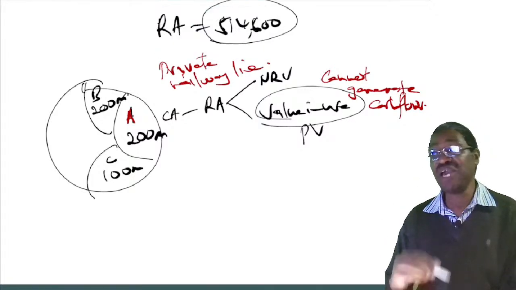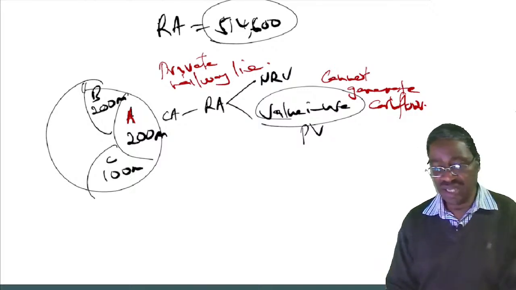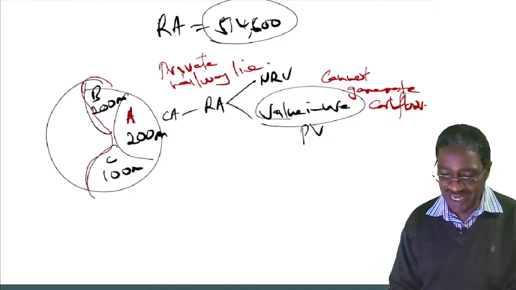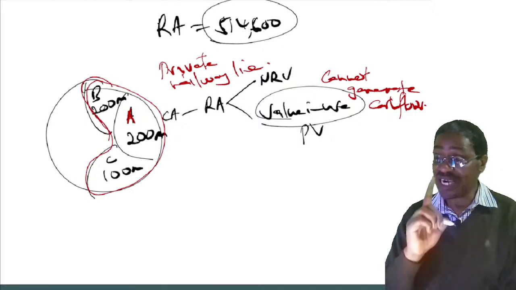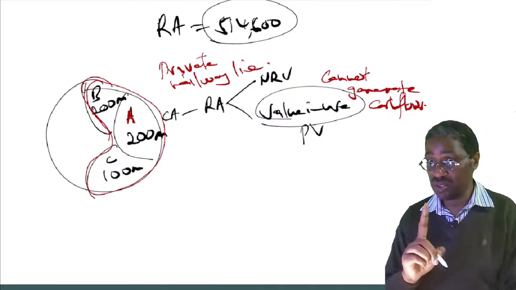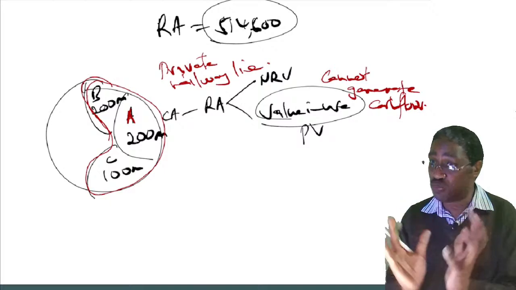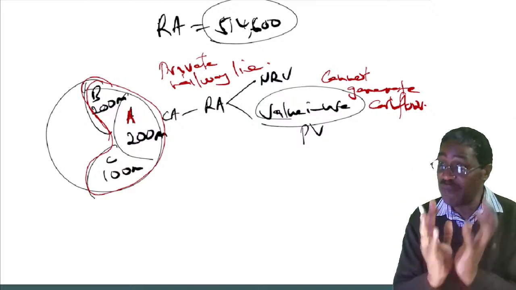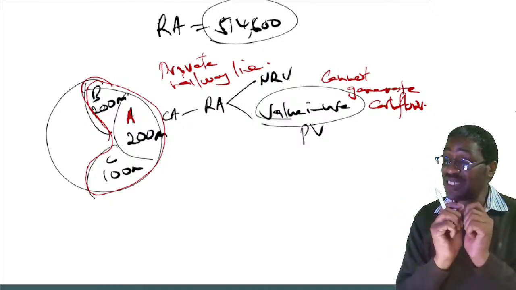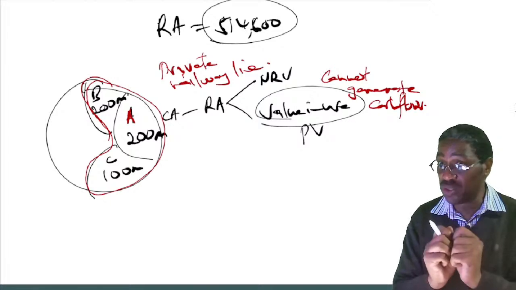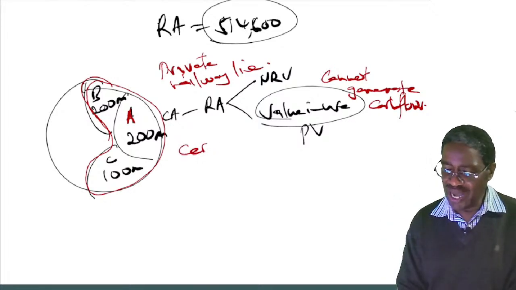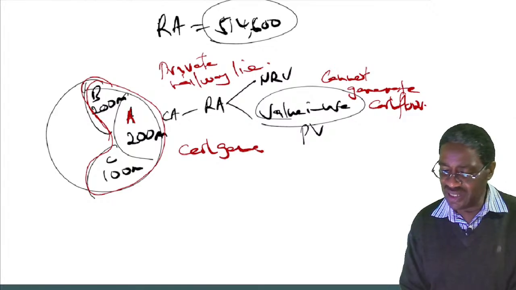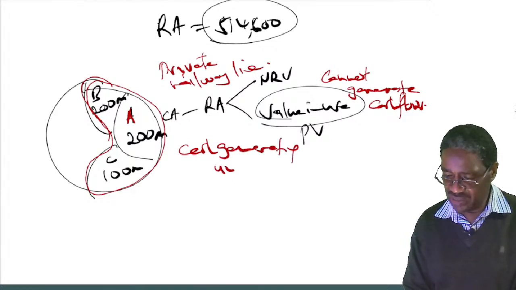Maybe I realize yes, that as a group now, they can generate cash flows. So once I realize that the group to which A belongs can now generate cash flows on its own, that group is what we call a cash generating unit.